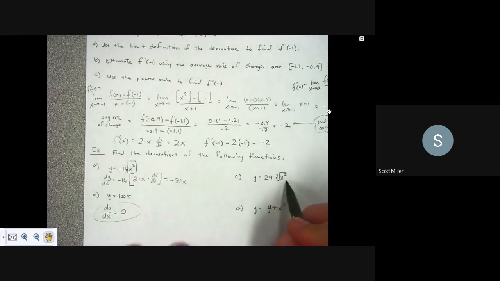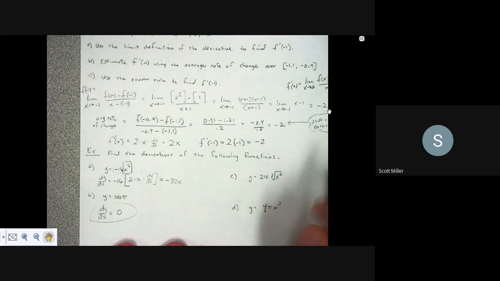All right, this one over here, you might want to rewrite any radicals into exponent form. So this is going to be rewritten as 24 x to the, this is a 1/3 power, this is a 2, so this is x to the 2/3. That is y.